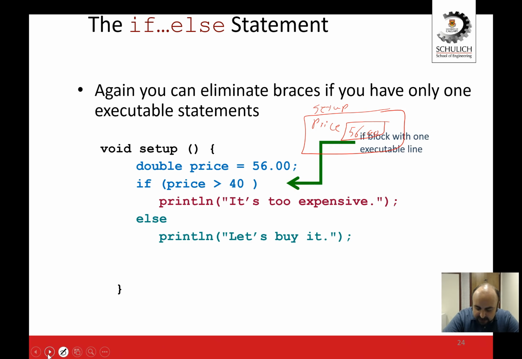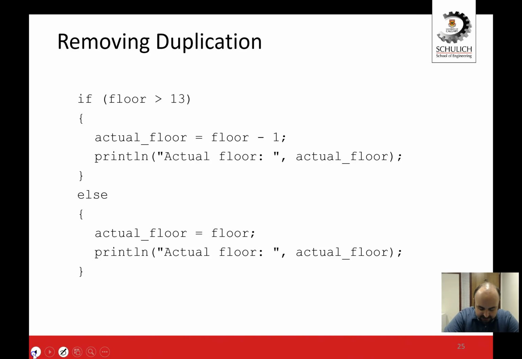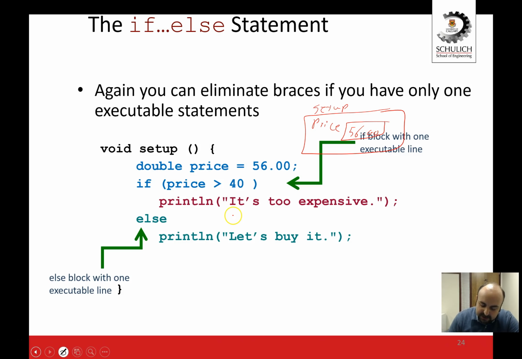Price is greater than 40. So the output would be, it's too expensive. This would be written to the console.